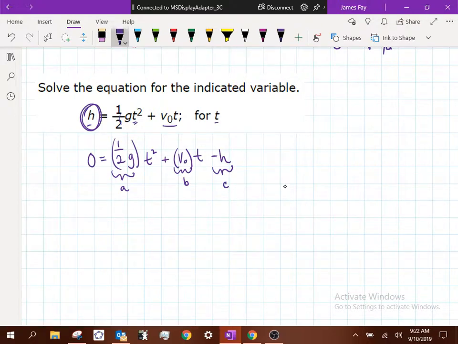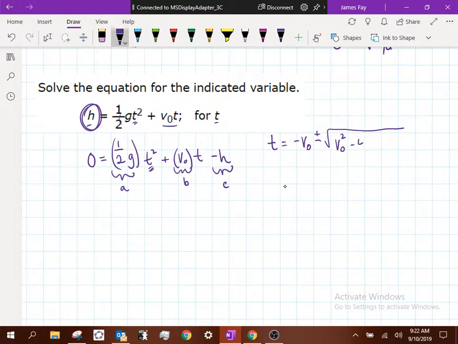Now if I go with the quadratic formula, we always solve for the quadratic variable, so the quadratic variable is t. It's going to be t is equal to, opposite of b, so negative v sub naught, plus or minus the square root of b squared, so v sub naught squared, and that might be the trick in getting the answer typed in. So we'll mess around with that in a moment.